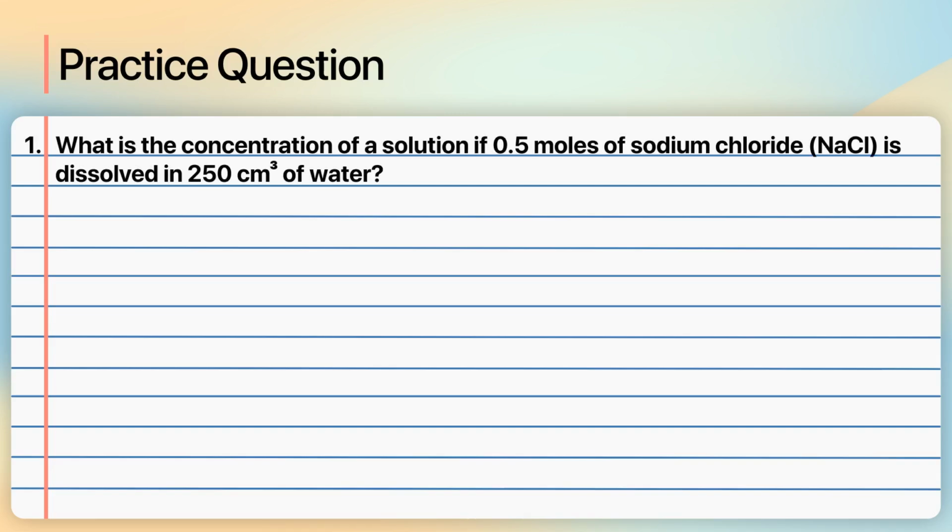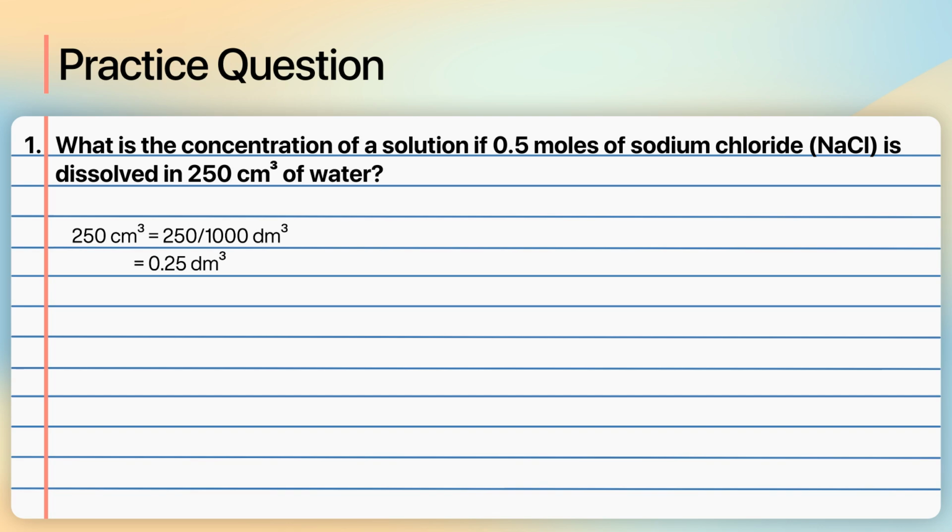Let's work through some GCSE level questions to apply our understanding. What is the concentration of a solution if 0.5 moles of sodium chloride is dissolved in 250 centimeters cubed of water? Pause here to give it a go. First, we need to convert the centimeters cubed to decimeters cubed.